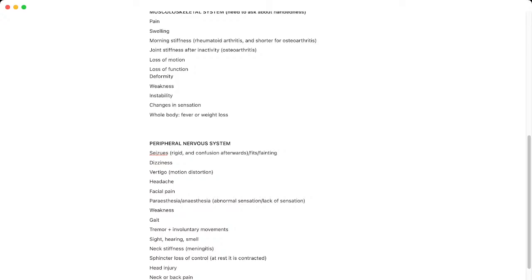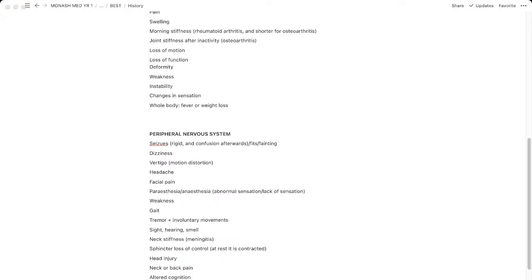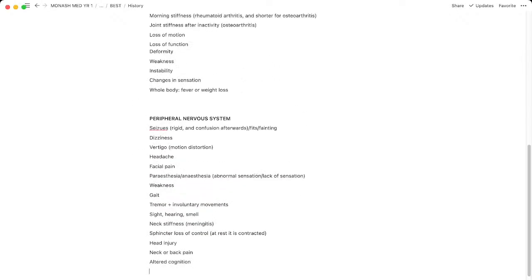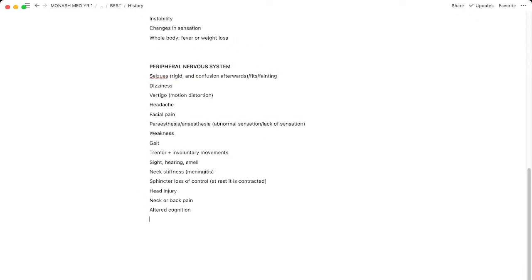Altered cognition. Nice. I roughly write up the other ones then.